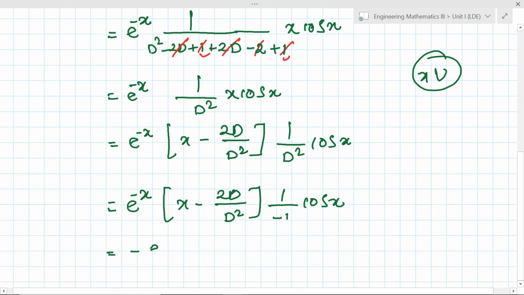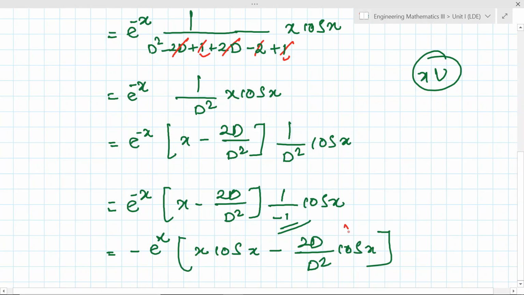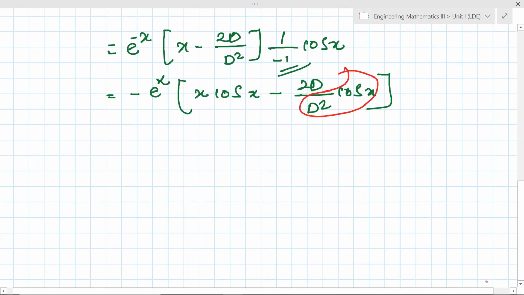So this term becomes minus e raised to x because of this minus, in bracket x into cos x, multiplied by cos x, with 2d divided by d square into cos x. Okay, again use the second case for this. And what I get is minus e raised to x in bracket x cos x minus 2d divided by minus 1 into cos x.